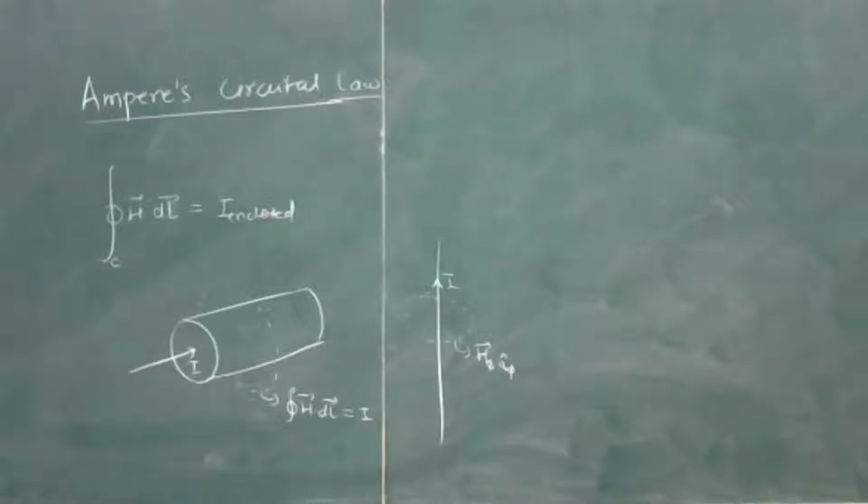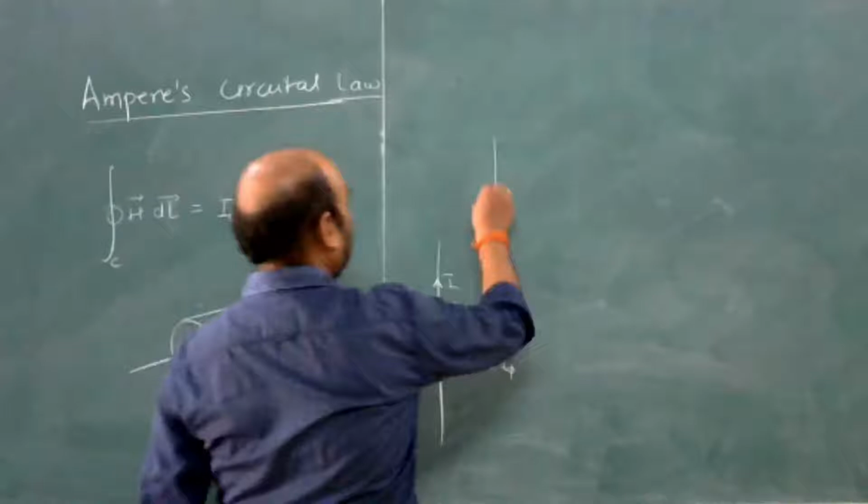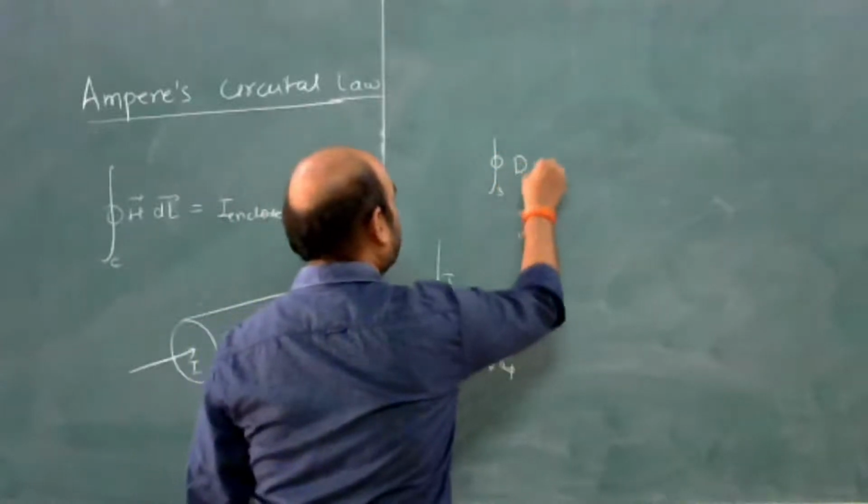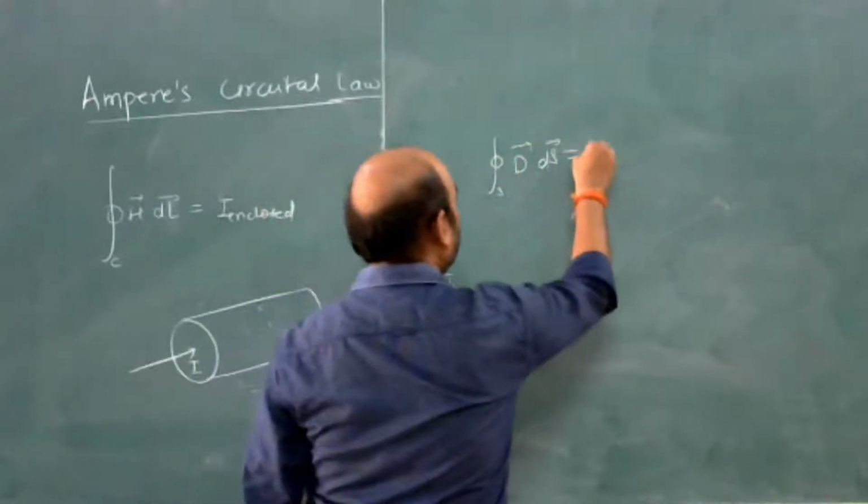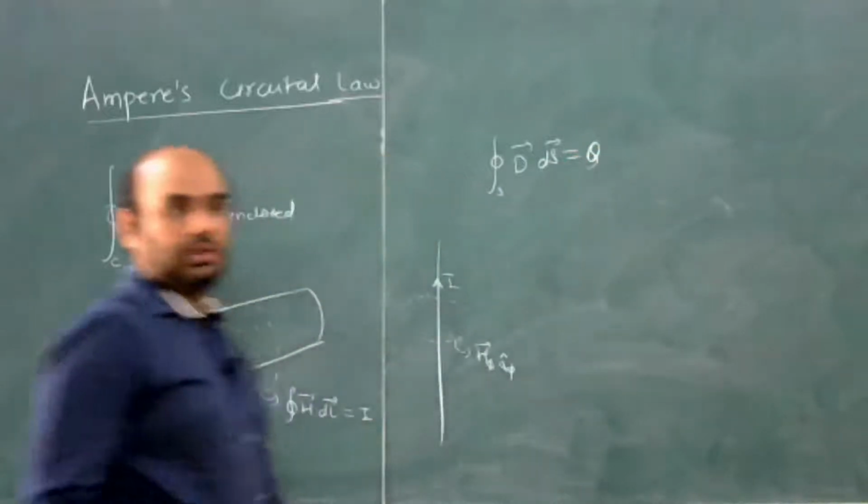This is similar to Gauss's law, which we have studied in electrostatics. According to Gauss's law, the closed surface integral of D dot dS is equal to the charge enclosed.